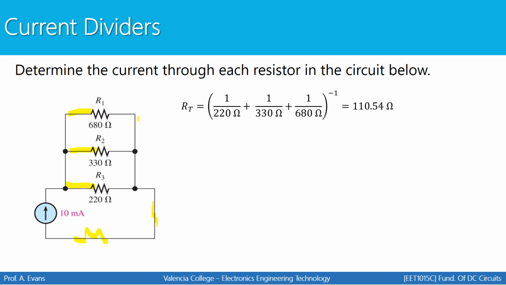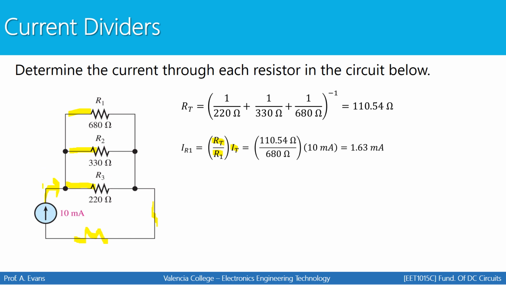So there's my total resistance. Now I'm going to use the current divider formula to find the current through each resistor. Starting with R1, here's the formula. You're going to have your total resistance divided by R1 times the total current that goes into the node. This is the node where current begins to split.